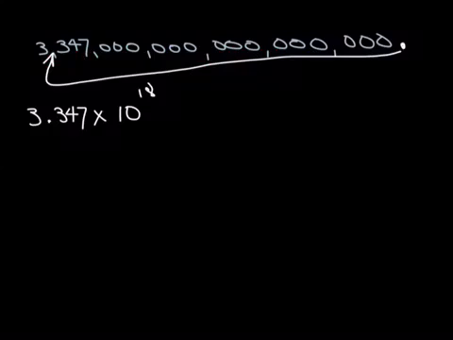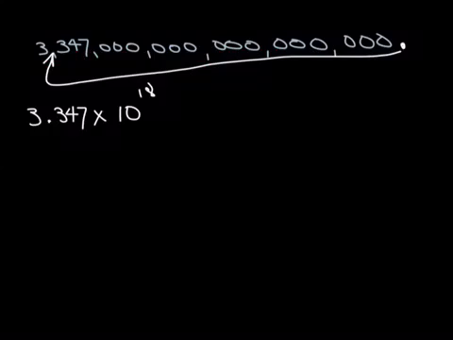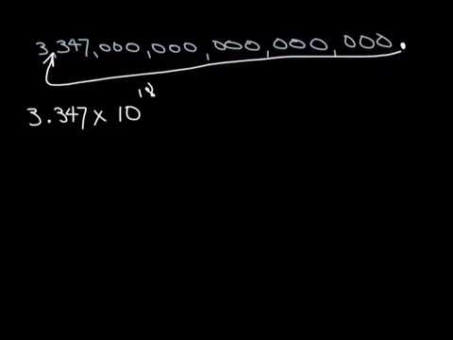Okay? All right, there will be times when you have a very, very small number. So let's say, for example, we have 0.0000. This is how much money I actually have in the bank.